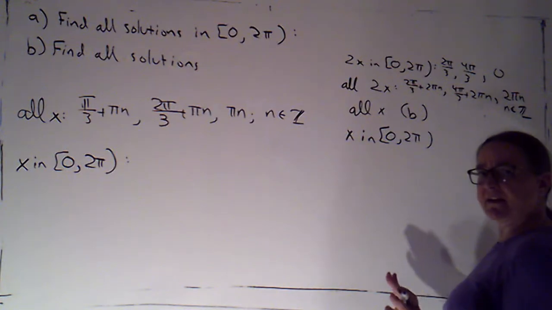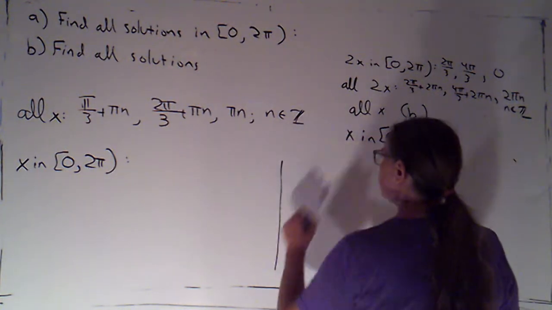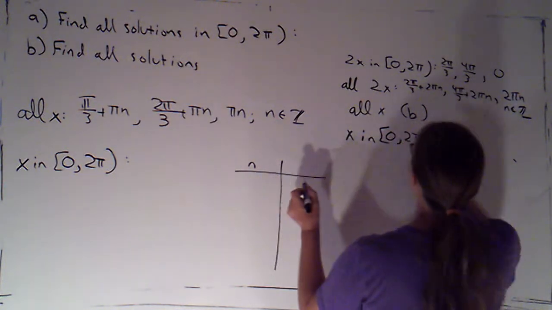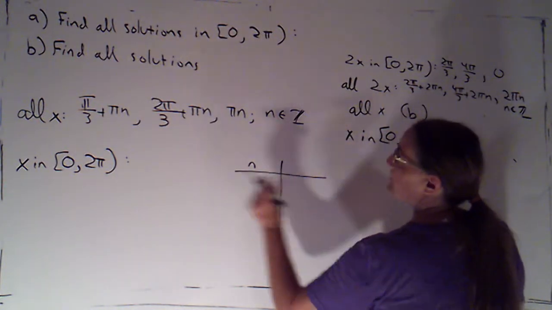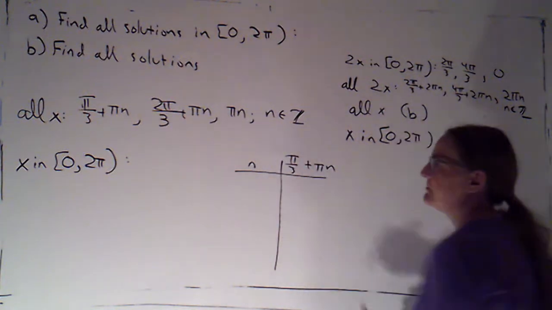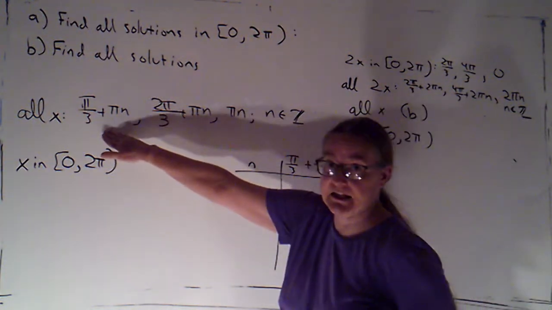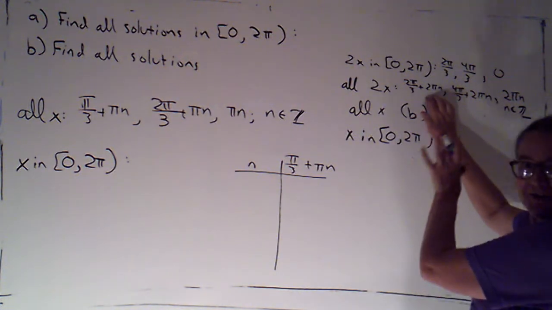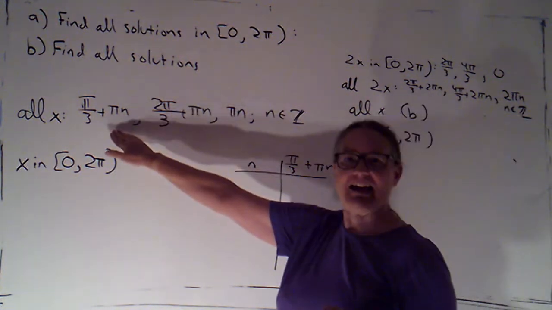I'm going to create a table, although again, it's not absolutely necessary, listing my values of n, and then this first thing, pi over 3 plus pi n. I want to make sure I'm listing my x values. I initially pointed up here, and then realized I was pointing to 2x. I wanted to be pointing to x.